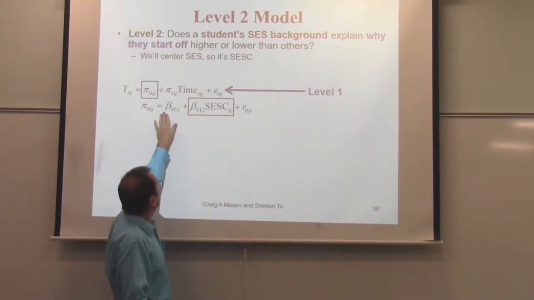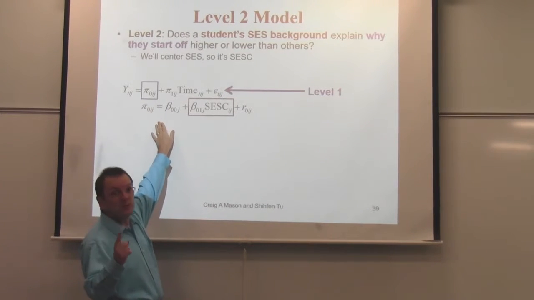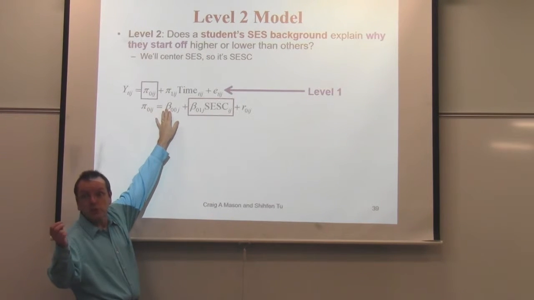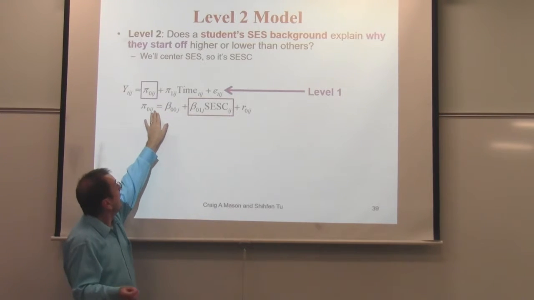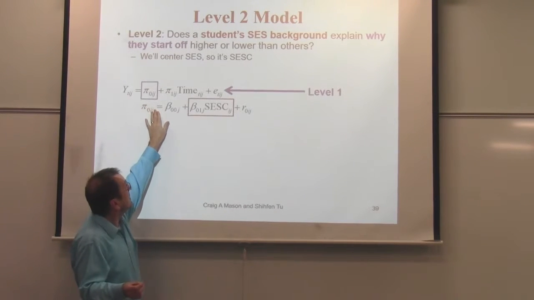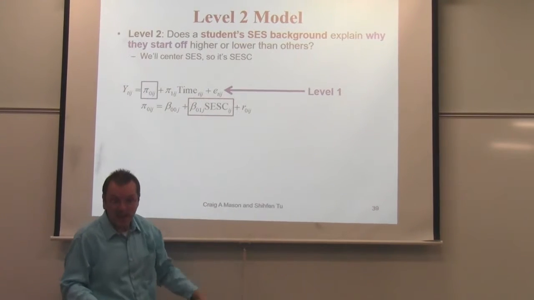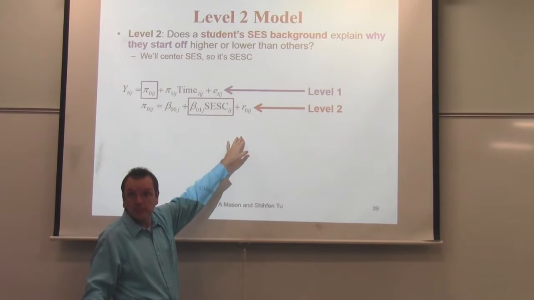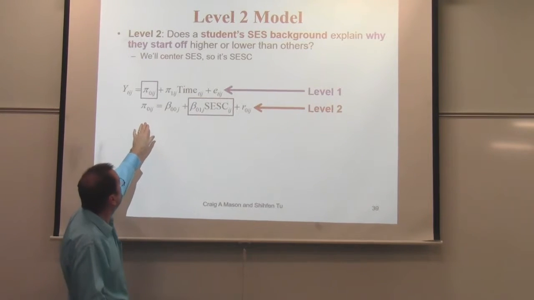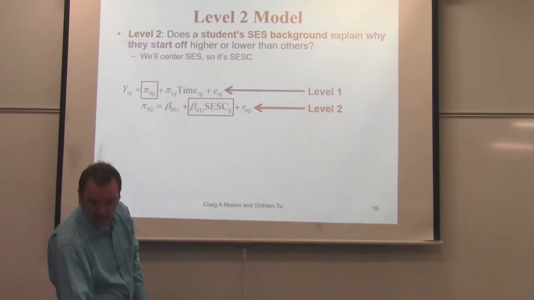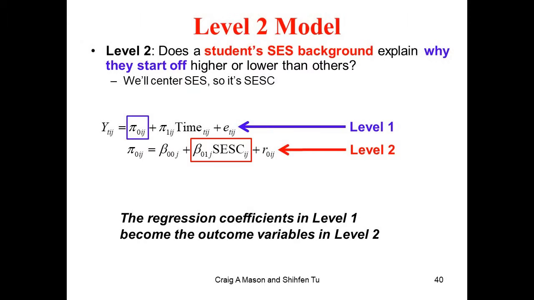We're using SES as a predictor of that level 1 intercept, of what the child's baseline, their time 0 score at the start of the study, was. But notice what's fundamentally changed: the regression coefficient in level 1 is becoming our outcome variable in level 2.